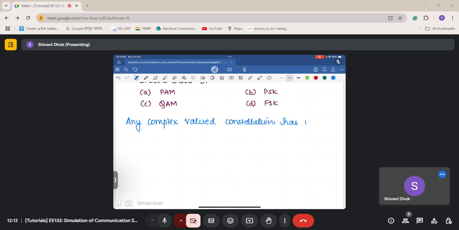has its mth point as Sm equal to Rm plus j times Im. Okay, so this thing here is in Cartesian coordinate form.